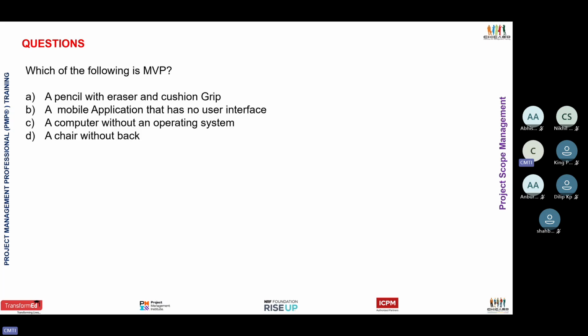Minimum viable product. Core essential feature. D. A pencil with eraser and cushion grip. That's called MMR, minimum marketable release, which includes everything. It includes all features. Is anything left out for a pencil?